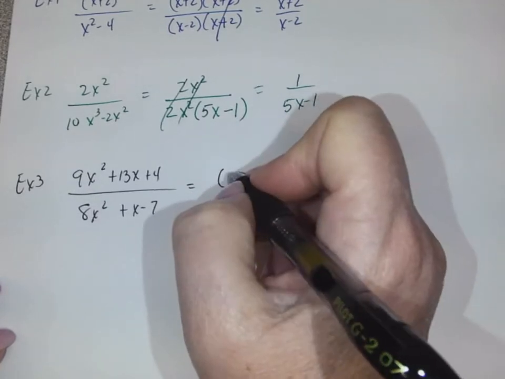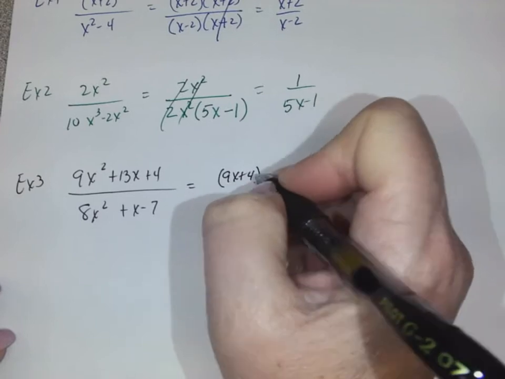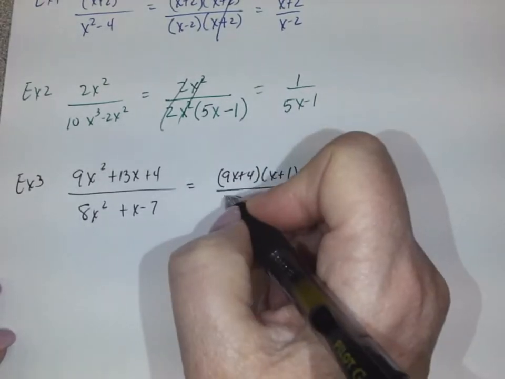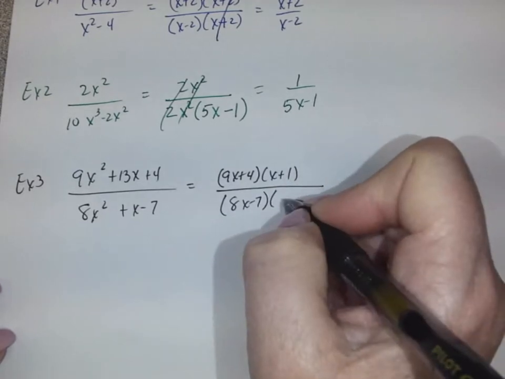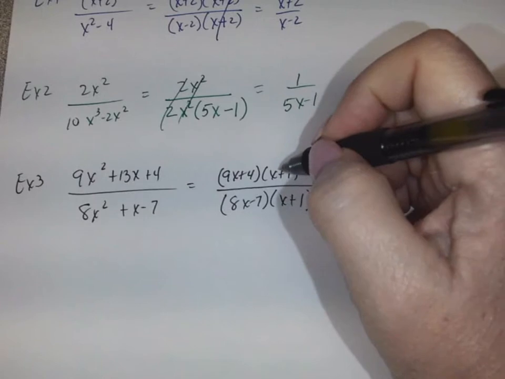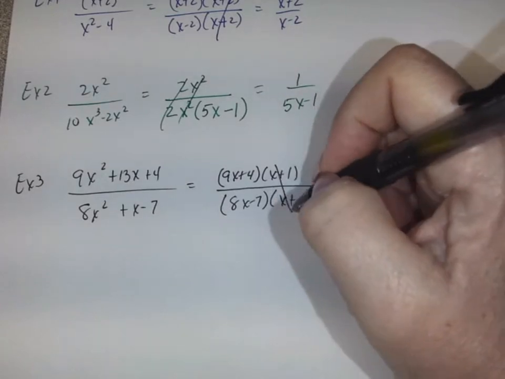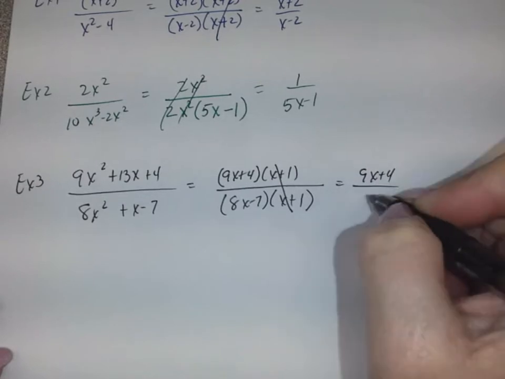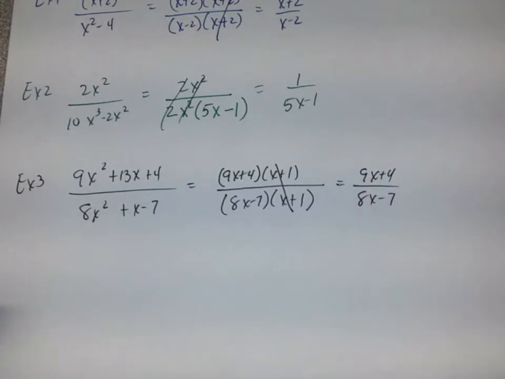And many of you already know how to do it. So we would factor this using the AC method. And we'll factor the bottom as 8x minus 7 times x plus 1. So here we would cancel those out, and we end up with 9x plus 4 over 8x minus 7.